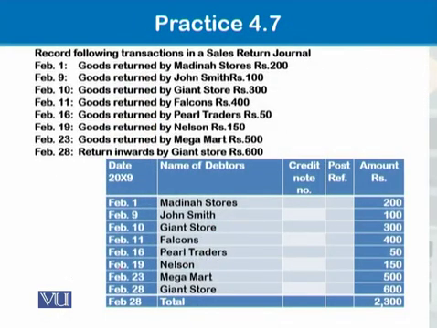The format remains the same as we discussed for the sales journal and purchase journal. So here we see that goods are returned by our customers, the debtors. These are the names of our debtors, and these are the dates on which the sales returns are happening.